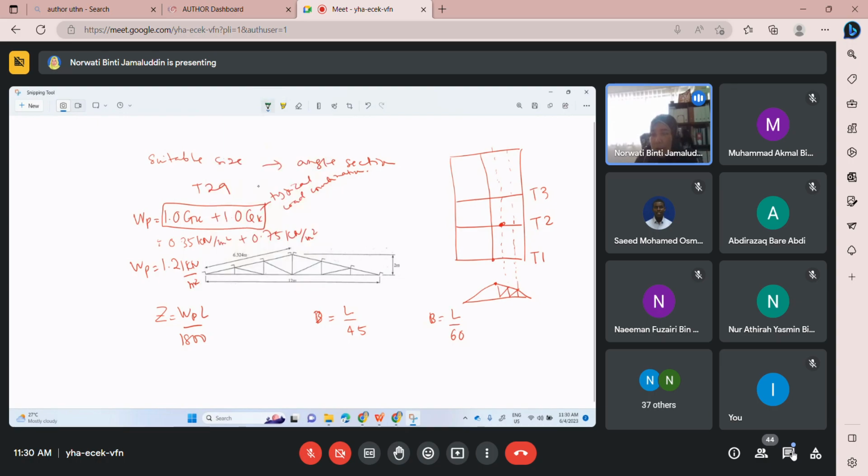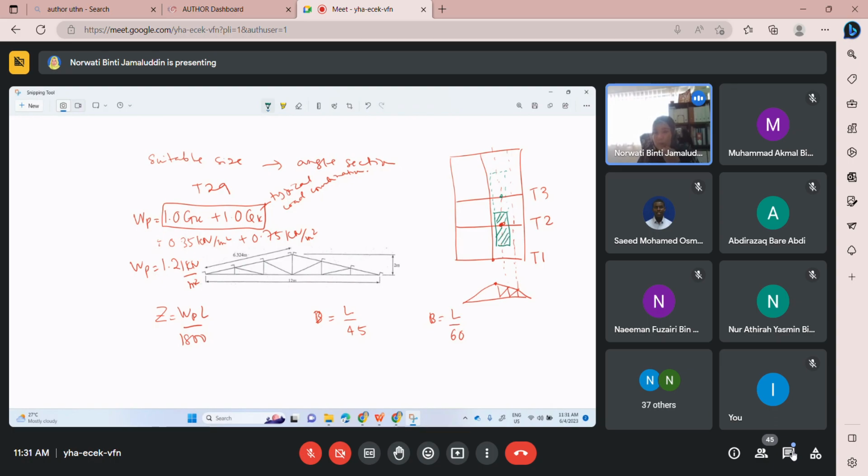The load area, like I said, half will be supported by this purlin, and another half will also be supported by this purlin. This one will take half of this length and half of this width. So we just consider 1 point only.